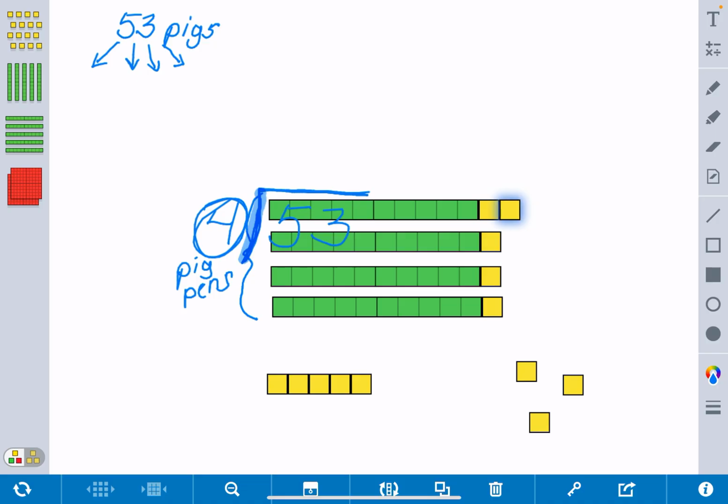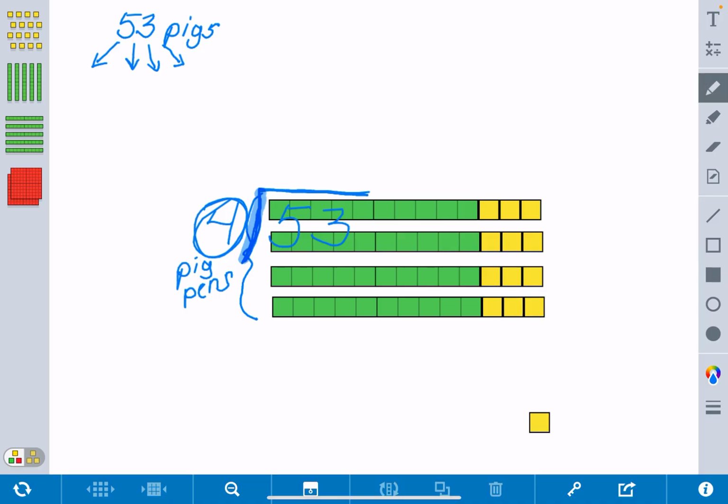So here's pen 1, and 2, and 3, and 4, and here's 1, and here's another one. Uh-oh, looks like I have something extra here. This is 1 extra pig.